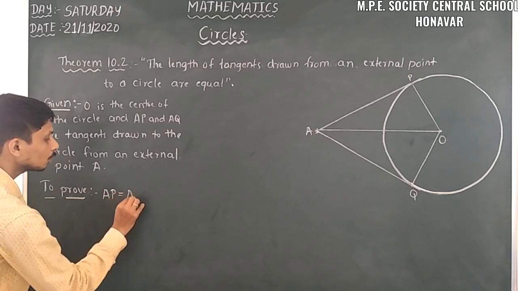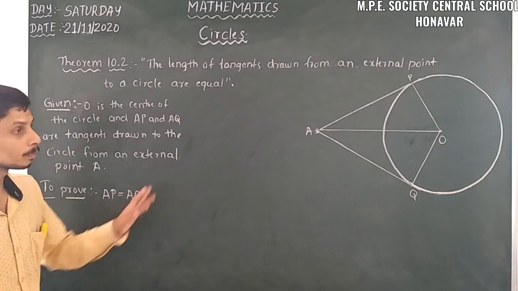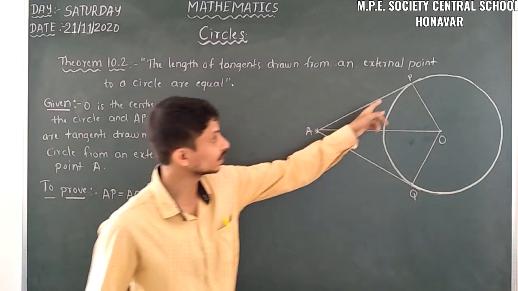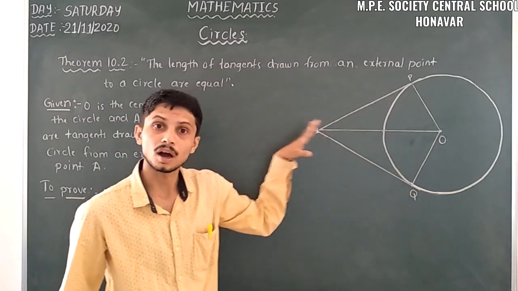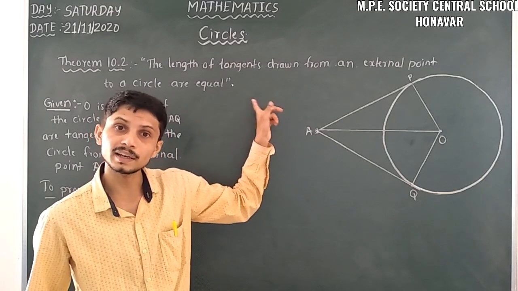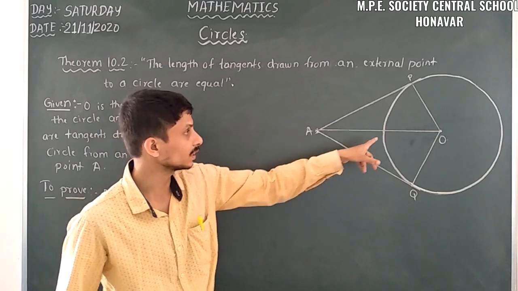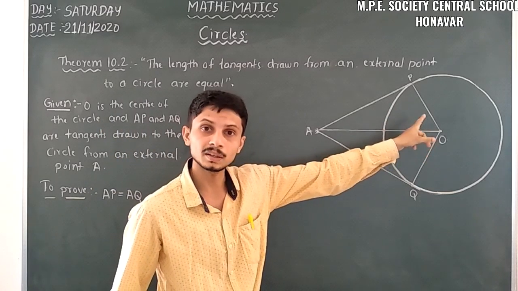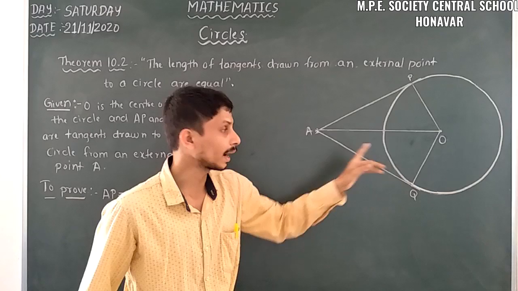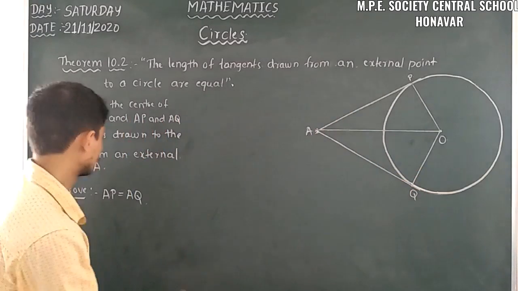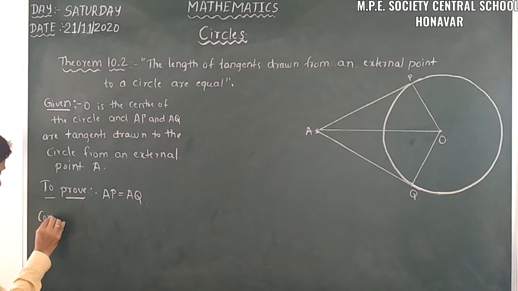Now for the construction, we constructed some things here. Apart from the tangents and the external point, we drew OP, OQ and OA. Join OA, OP and OQ. That is the construction.